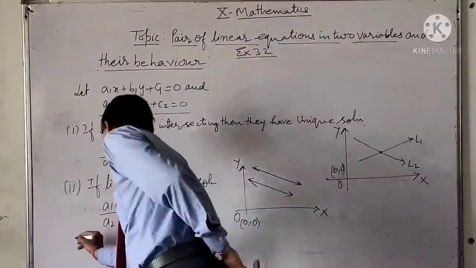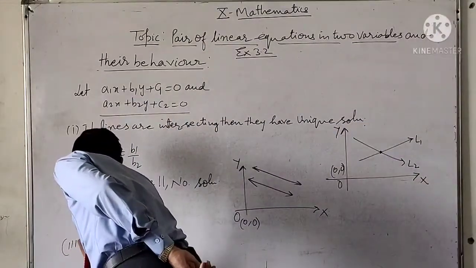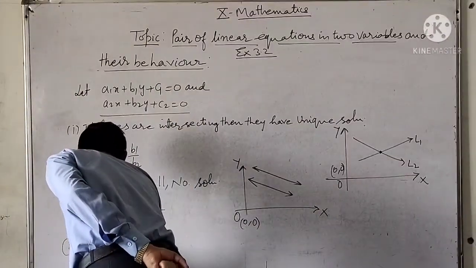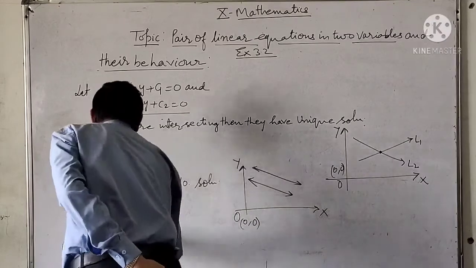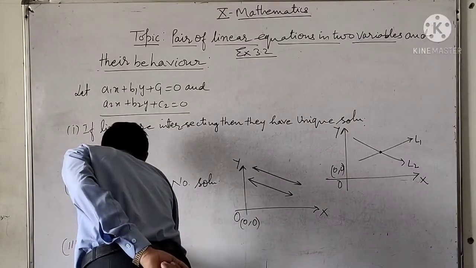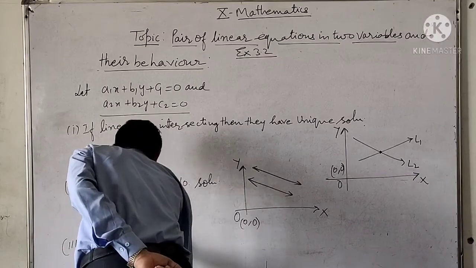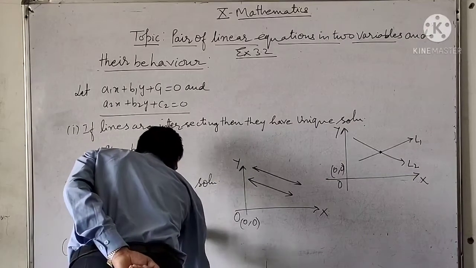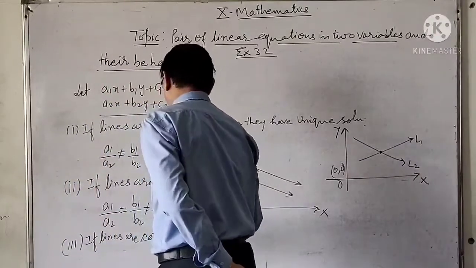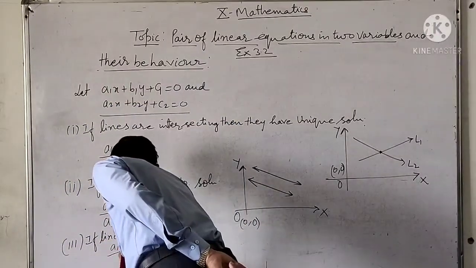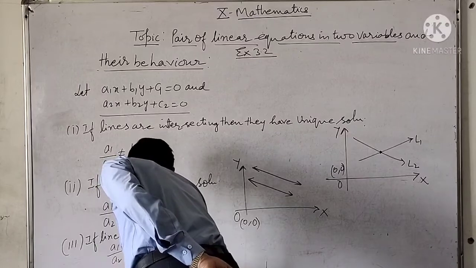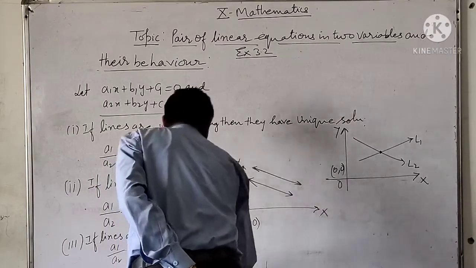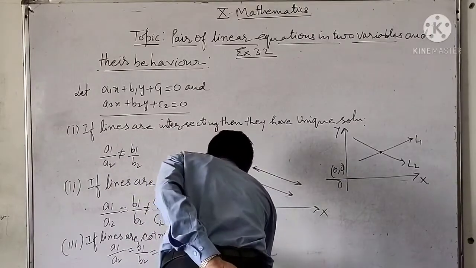In the third case, there are infinitely many solutions. If lines are coincident, then the condition is a1 upon a2 equal to b1 upon b2 equal to c1 upon c2, and the figure is like that.